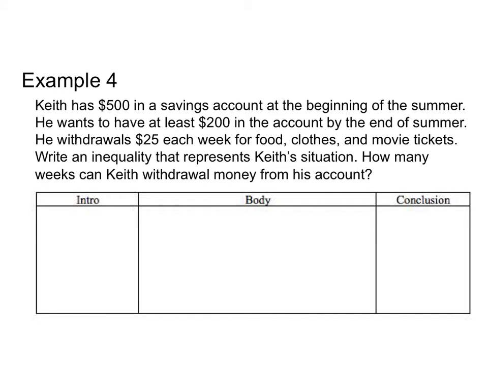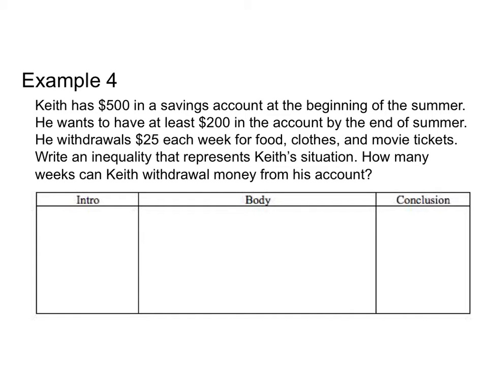It says Keith has $500 in a savings account at the beginning of the summer. He wants to have at least $200 in his account by the end of the summer. He withdraws $25 each week for food, clothing, and movie tickets. Write an inequality that represents Keith's situation. And then how many weeks can Keith withdraw money from his account?